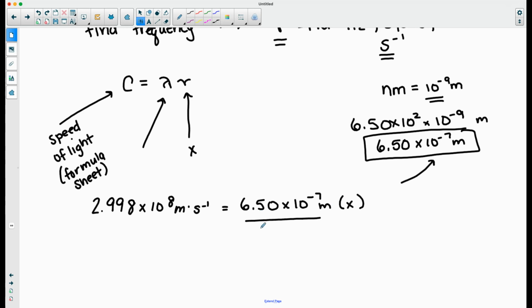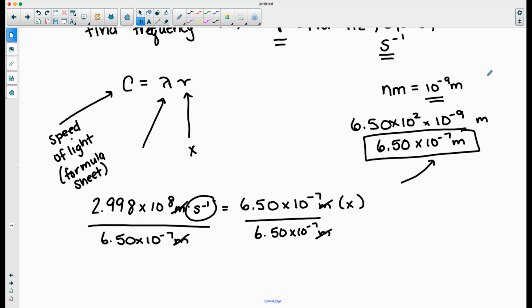When I divide both sides by my wavelength, right, my meters cancel out, and my unit that I'm left with is seconds to the -1, which is great because that's what I'm supposed to get for frequency.